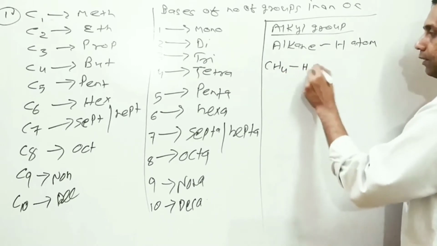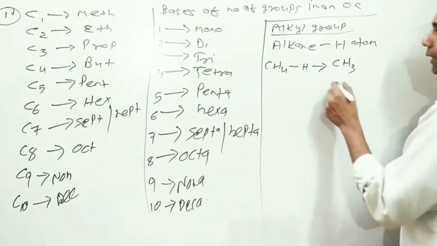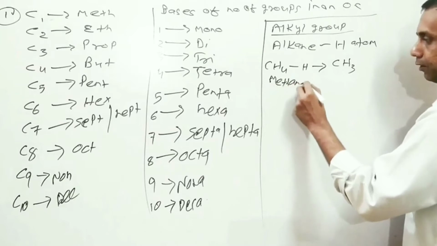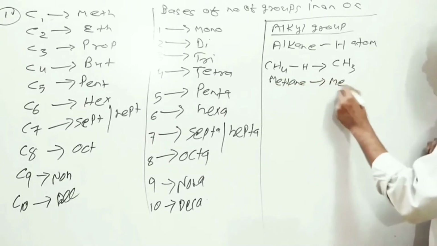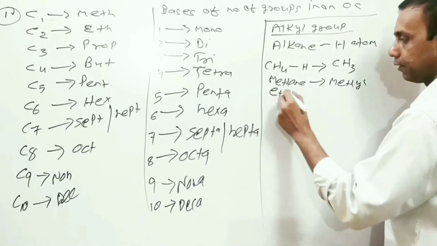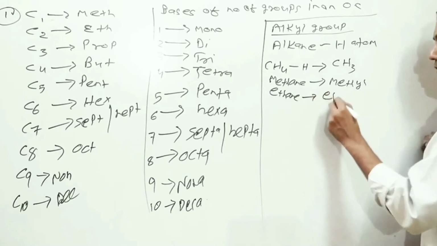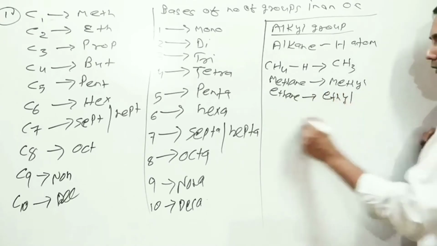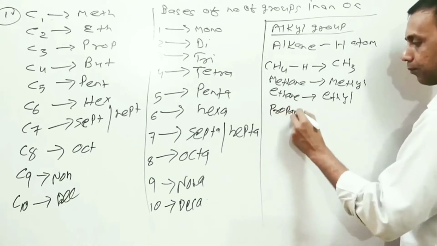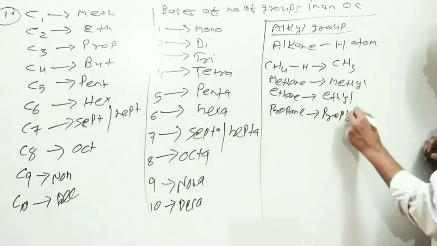CH4 minus H gives you CH3. So this is called methyl, right? So methane to methyl. Similarly, ethane, I'm not writing the formula because I know you understand, this is going to be ethyl. Then propane will form propyl. So these are some of the basic things I will be using.